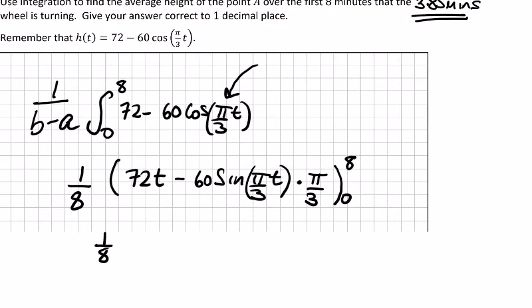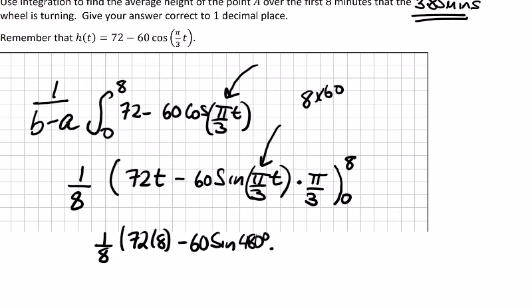So we put our numbers in here. We're going to get 1 over 8 times 72 times 8 minus 60 by the sine. I'll just keep it as 60 degrees. 8 by 60 will be 480 degrees by pi over 3. And then that'll be minus 72 by 0.